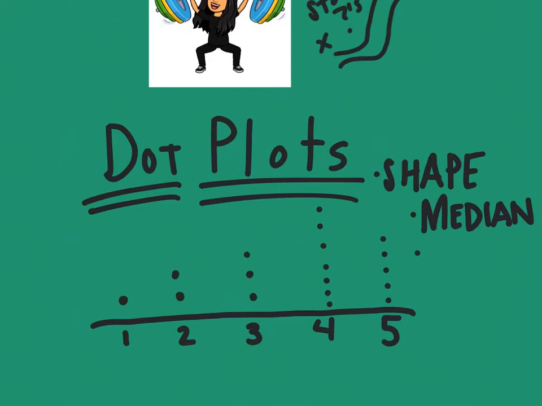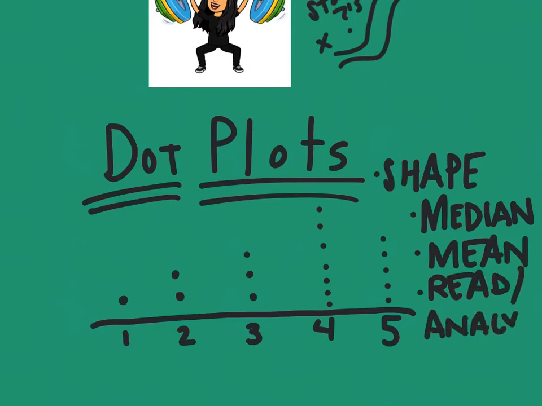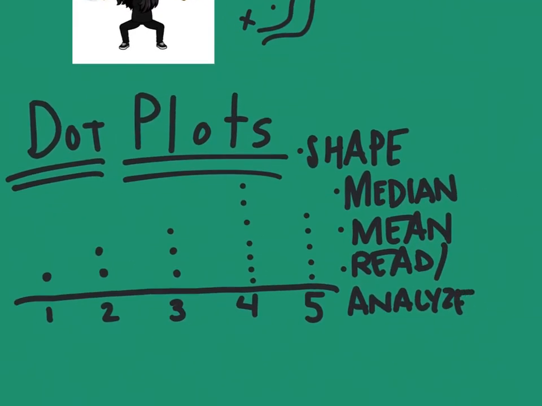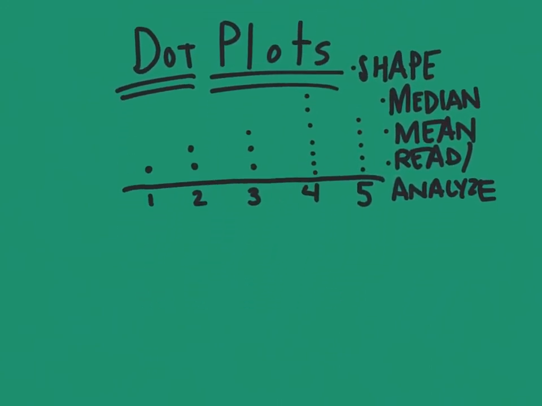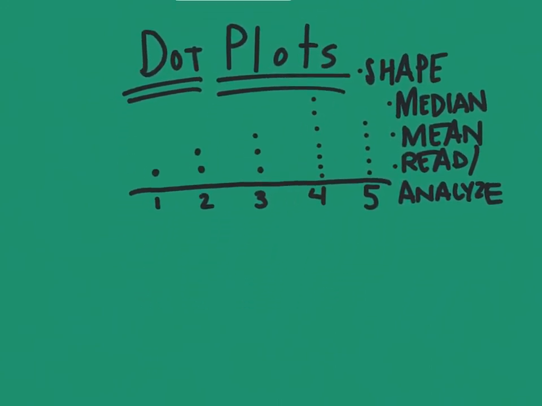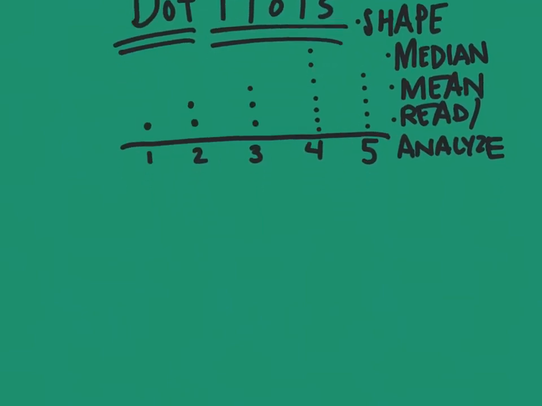And not only do we know how to find the median, we're going to learn how to find the mean of the dot plot. In addition to that, you're going to learn how to read and analyze a dot plot. So it's very similar to what we've done before. Just a couple of new terms that you may not have ever heard before, but it's very similar to what we learned with histogram.